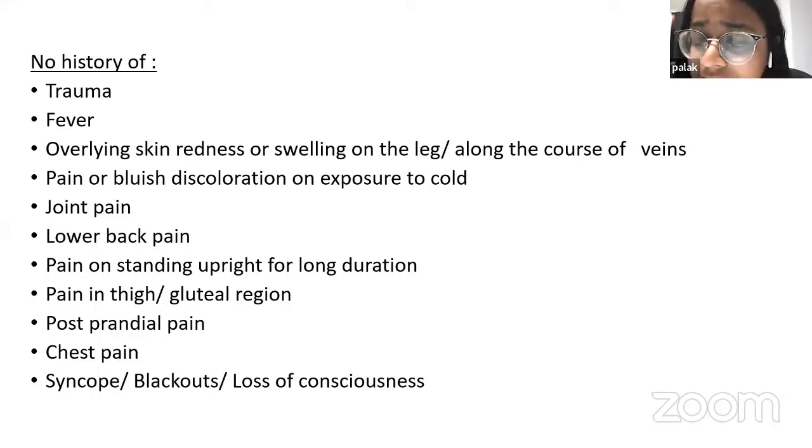Where do you think is the site of obstruction in the artery? Sir, it may be femoropopliteal in this case, because the patient is complaining of pain in the calf region. So it may be femoropopliteal to begin with, sir.